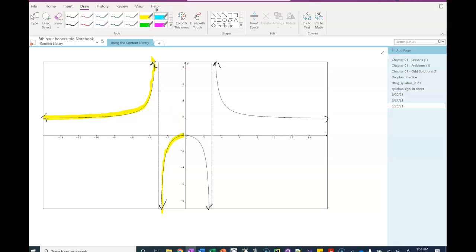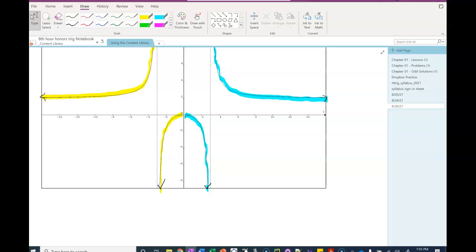How many decreasing sections do we see? 2 as well. Starting at 0, we go downhill till we get to the asymptote. And immediately following the asymptote, we go downhill the rest of the way. Notice that there's no place where we're constant. We're not constant at 0 because an interval needs to be more than 1 point, even though you could say the graph is flat at 0.